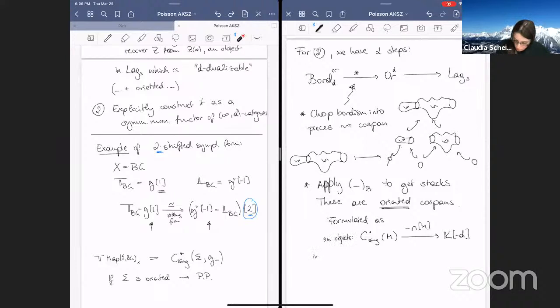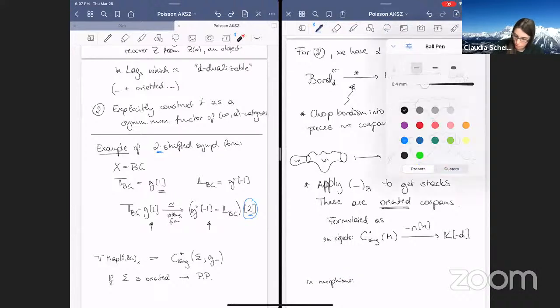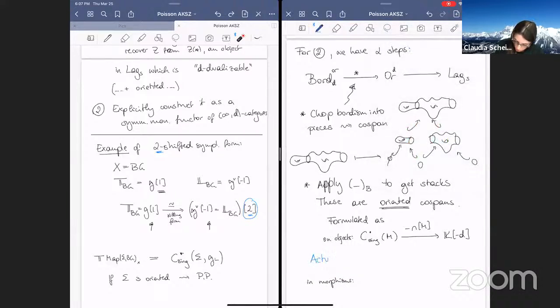But now what happens on morphisms? So we really want to have everything being functorial. So hopefully this is also formulated in a way like this. And before I tell you what this is, I forgot to tell you that we actually like integrating.